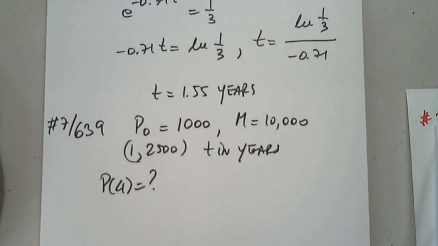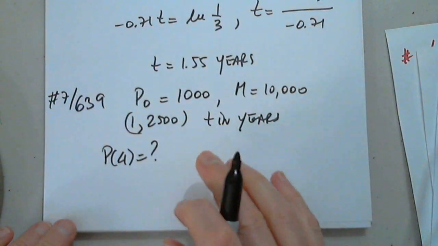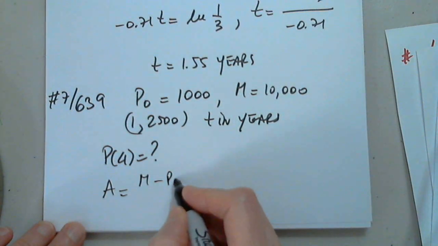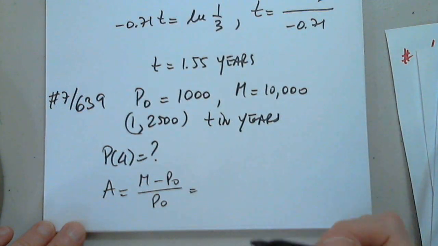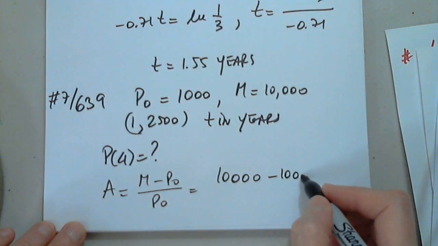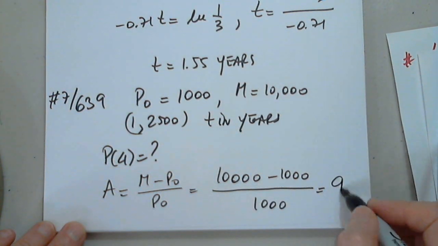Okay, all we have to do is just solve the differential equation. Find A first: M minus P0 over P0. So M is 10,000 minus 1,000 divided by 1,000. 9,000 divided by 1,000 is 9.